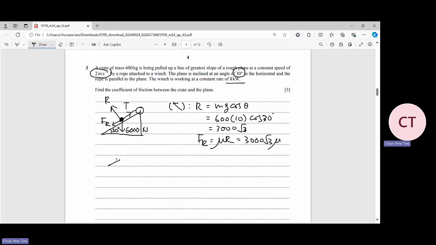Then if you resolve the forces parallel to the inclined plane, you have the pulling force, or the T, minus mg sine theta minus the frictional force is equal to ma. But the crate is moving at a constant speed, so the acceleration is 0. So T is equal to mg sine theta plus F_R because of our constant speed.